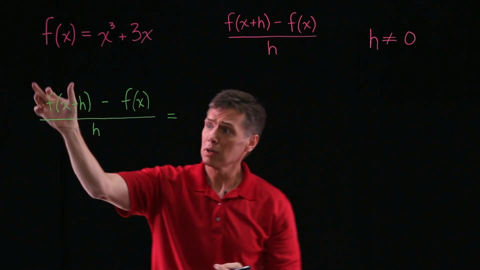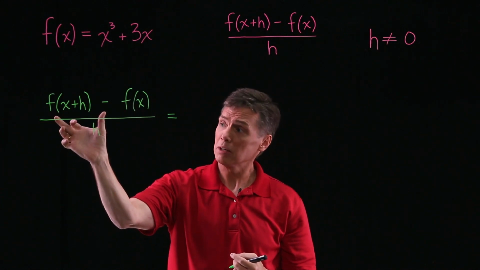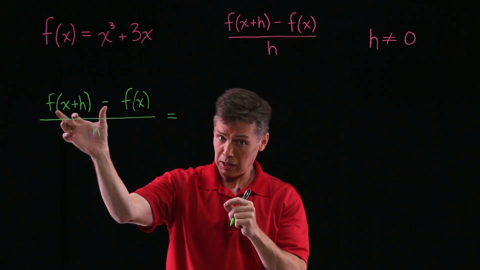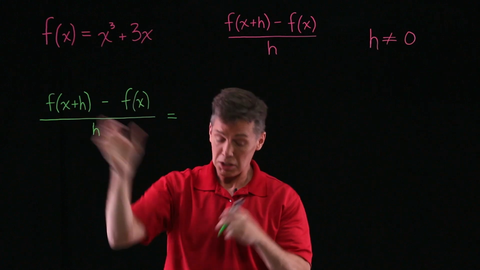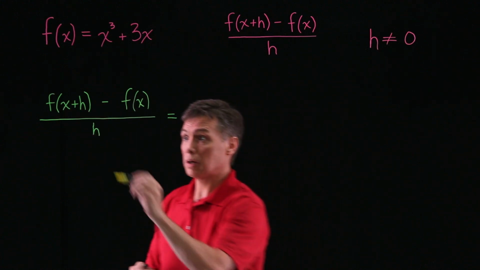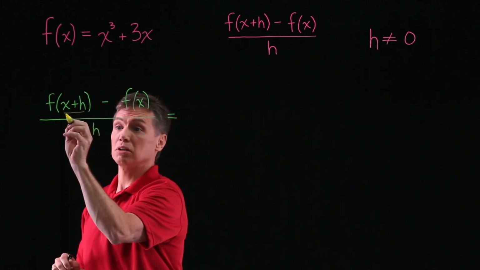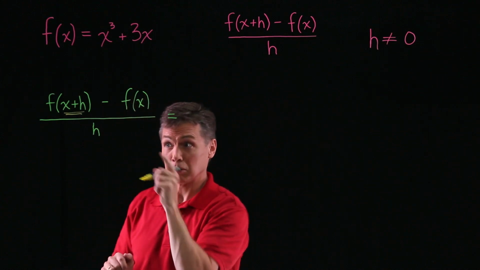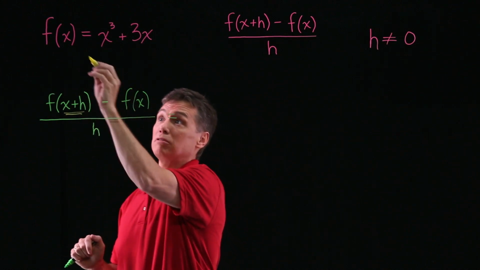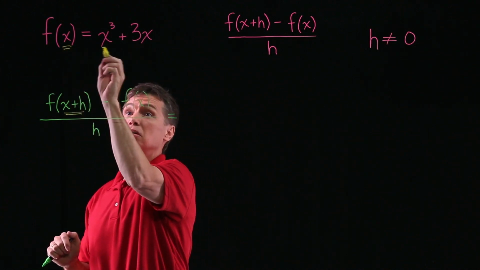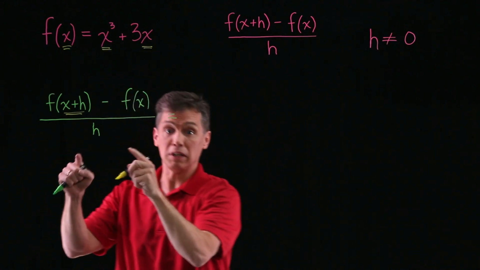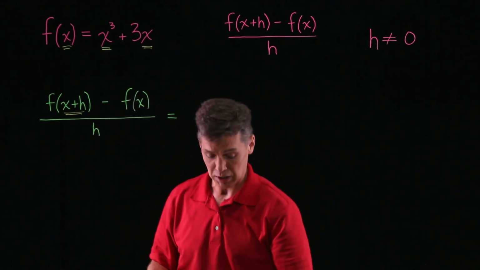So right off the bat, first thing I see in the numerator is f of x plus h. That's function notation. Wherever I see an x in the original, I want to put an x plus h in place, right? Function notation.